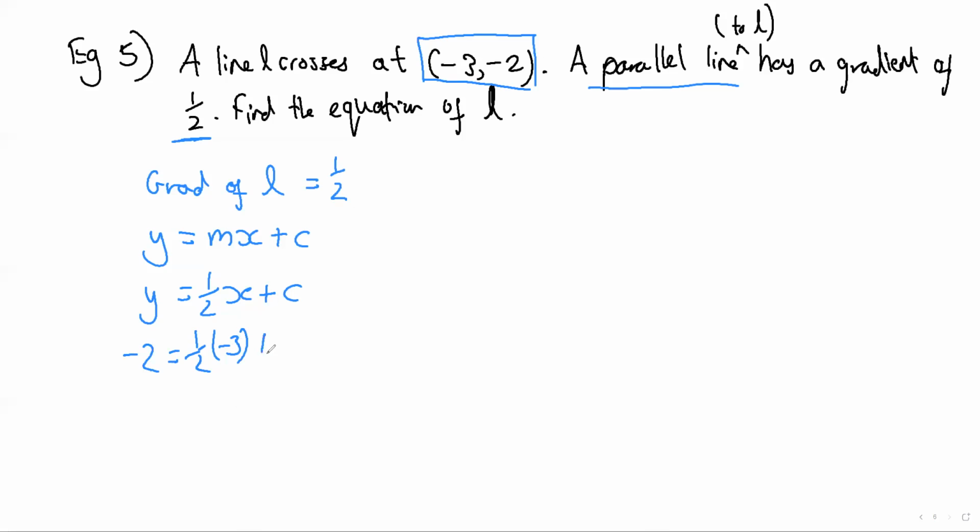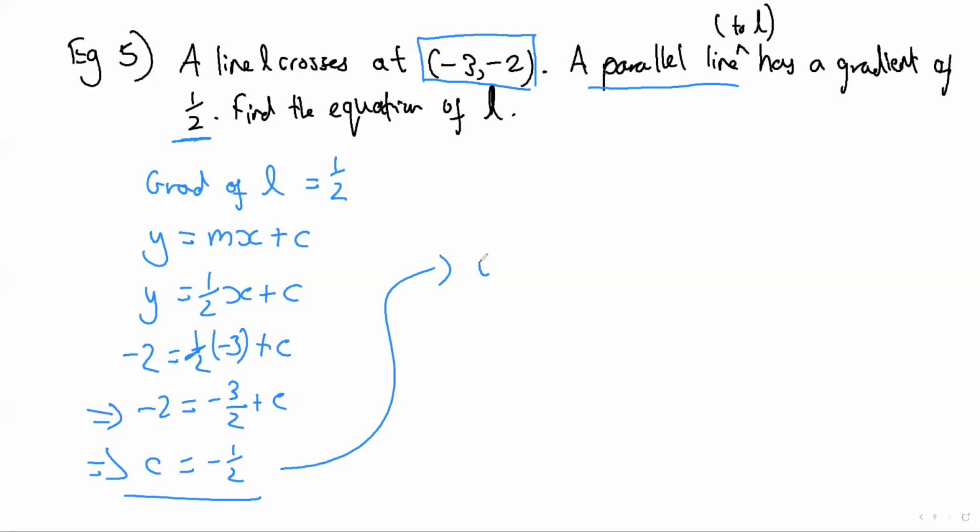So we just put that coordinate into this equation, and then we just do some rearranging. So a half times -3 is -3 over 2. And we can just move that over. So we add 3 over 2, and that will give us c equals -1/2. So the answer we get is y equals 1/2 x - 1/2, like that. So that's how you'd figure that out.